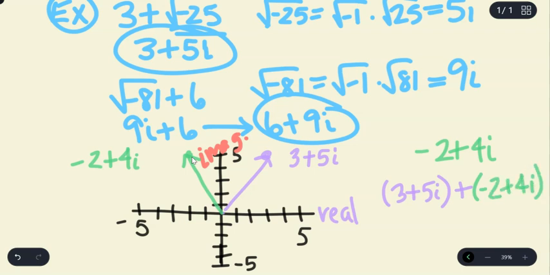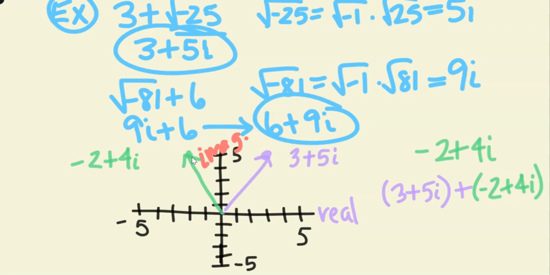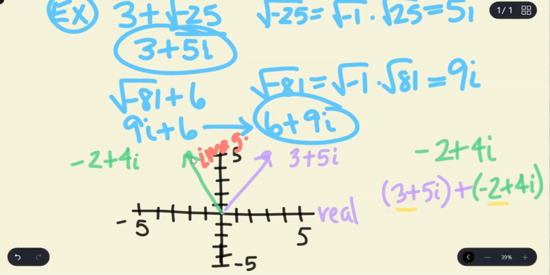I'll go more in depth on this in the next video on operations, but basically you treat this like like terms. I can add the reals together. So what's 3 plus negative 2? That's 1. And I can add the imaginaries together. Treat these just like variables. 5i plus 4i is 9i. So now I've created another vector that is actually the sum of these two vectors.